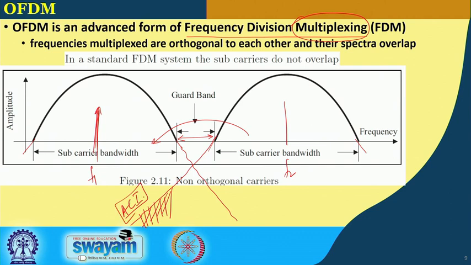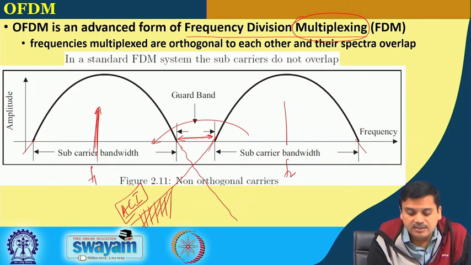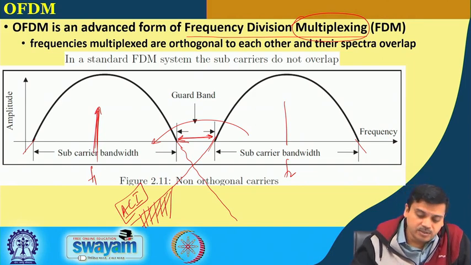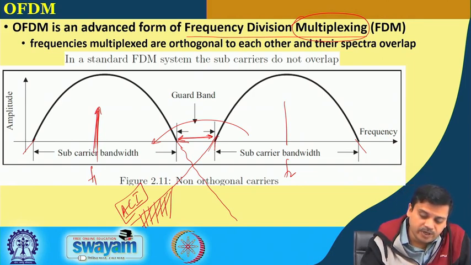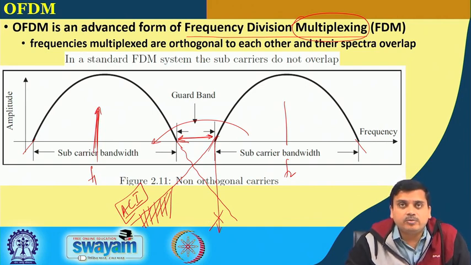To avoid adjacent channel interference, if I increase this separation by a good amount, then the adjacent channel interference can be reduced, because under all circumstances it is never possible to have an ideal Nyquist filter, that means one which falls down vertically. This kind of thing is not possible. So, one would always get a stretch in the frequency domain. One way to reduce the stretch, one way to reduce the overlap, is to increase the separation through guard bands.